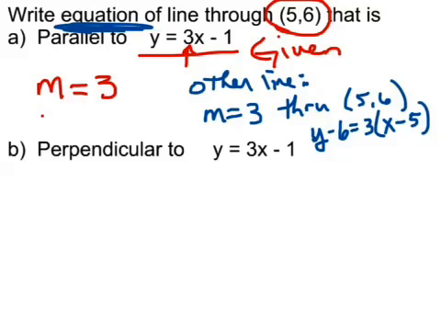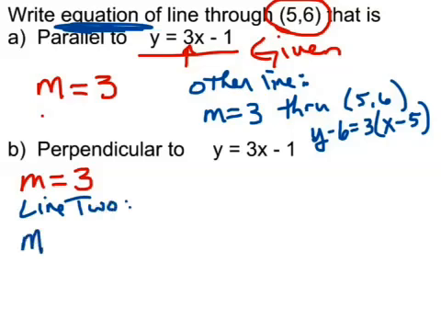For perpendicular, our red line has a slope of 3. So what does that mean that our blue line, perpendicular to that one, is going to have? So our line 2 will be slope of a perpendicular. This upside down T is the symbol for perpendicular.